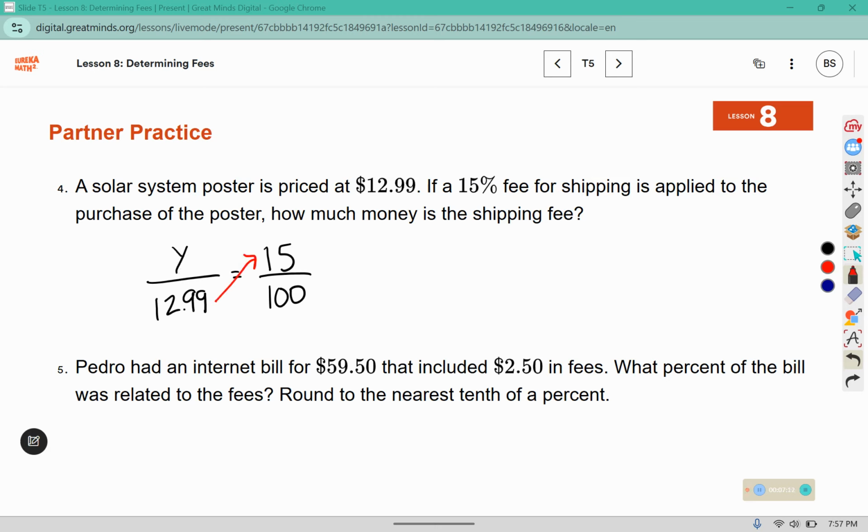So $12.99 times 15 divided by 100 is 1.9485. But with money, we only keep 2 decimal spots. So we're going to approximate this or round it to say that the shipping fee is $1.95. This 8 makes the 4 go up.